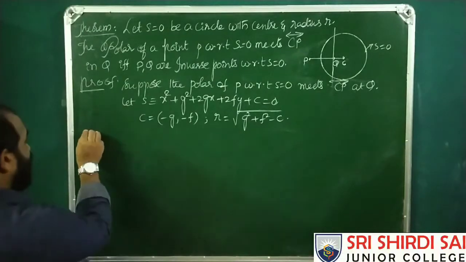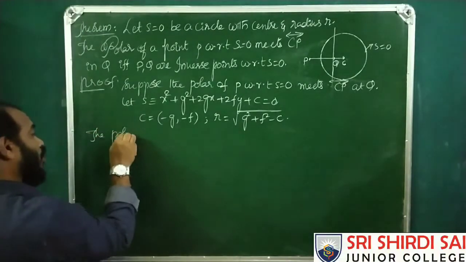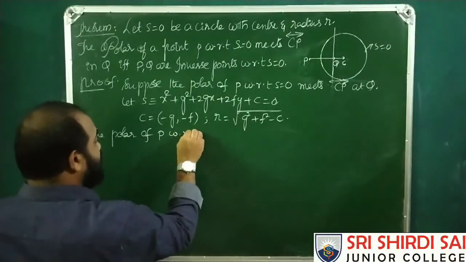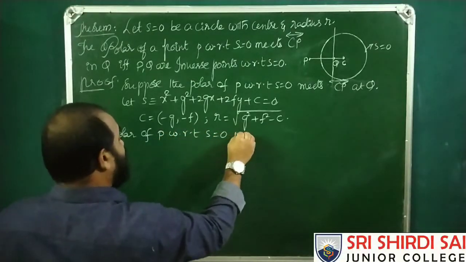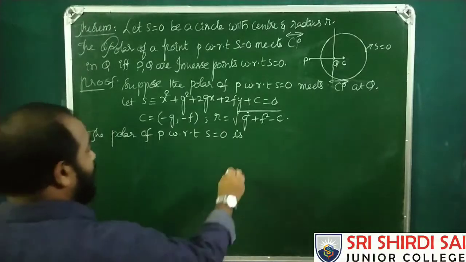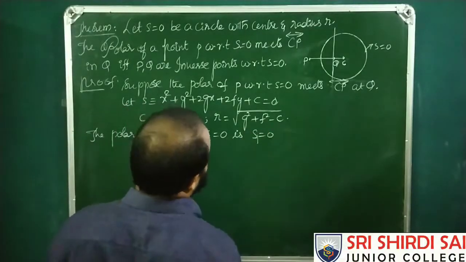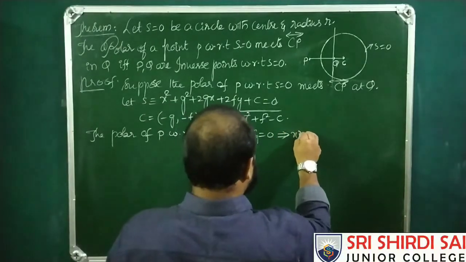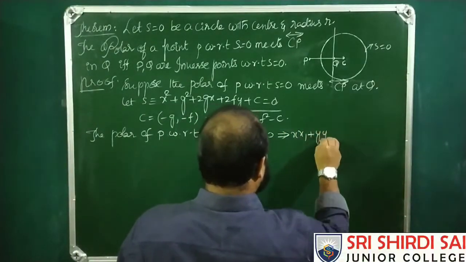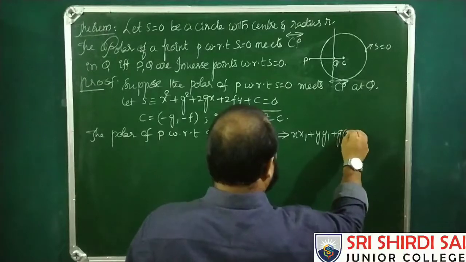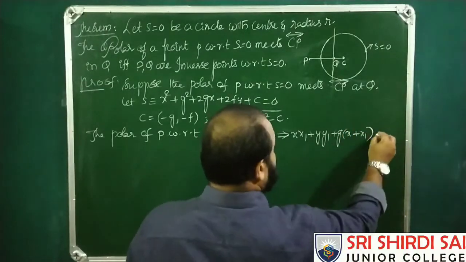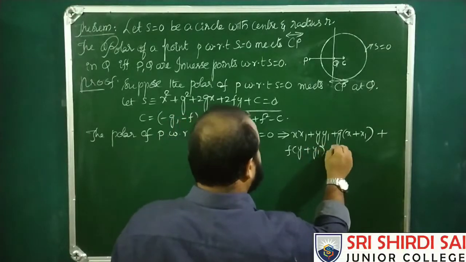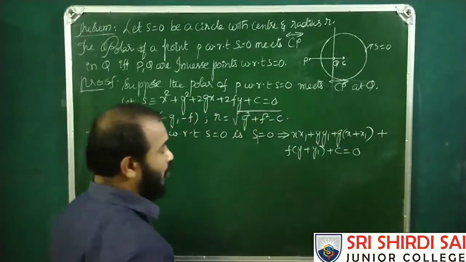So the polar of P with respect to the circle S equals 0 is S1 equals 0. What is S1 equals 0 for this? x x1 plus y y1 plus g into x plus x1 plus f into y plus y1 plus c equals to 0.